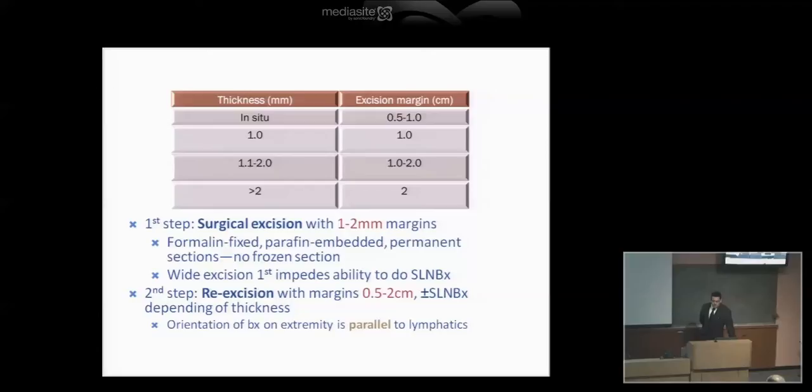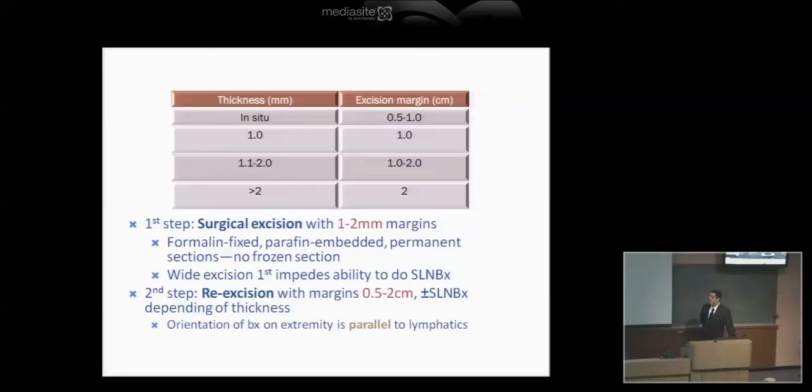When a patient presents for local excision initially, the first step is an excision with a 1 to 2 millimeter margin. You don't want to excise the entire specimen with a large margin, because a wide excision impairs your ability to do a sentinel lymph node biopsy. The specimen is sent for permanent analysis, and based on the thickness, the re-excision is performed.